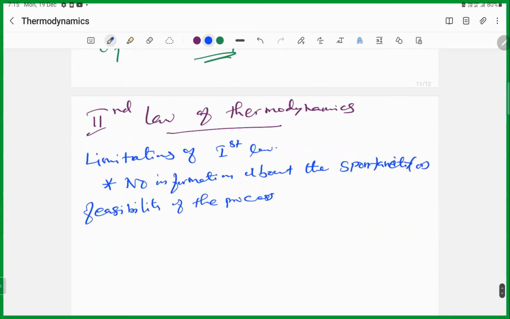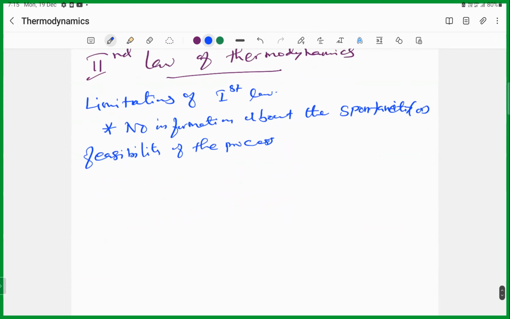The first law tells that delta H equals delta E plus P delta V. For example, the first law of thermodynamics does not indicate whether heat can flow from a cold body to a hot body or not. All it tells is that the process occurred, and the heat energy gained by one body would be exactly equal to the loss by the other body.